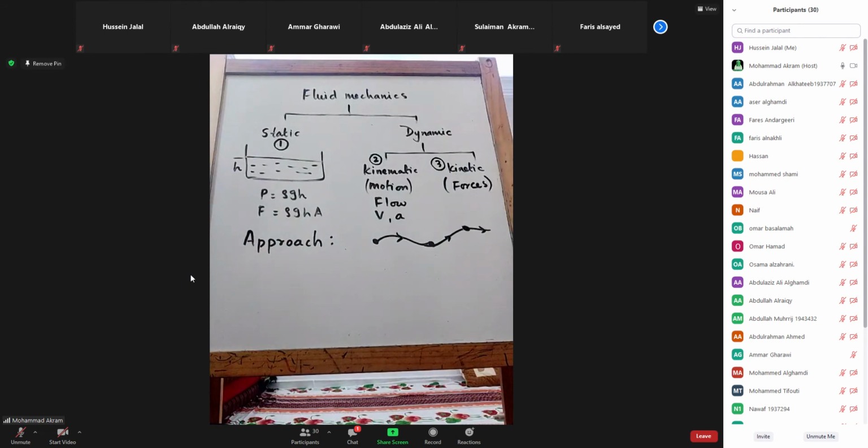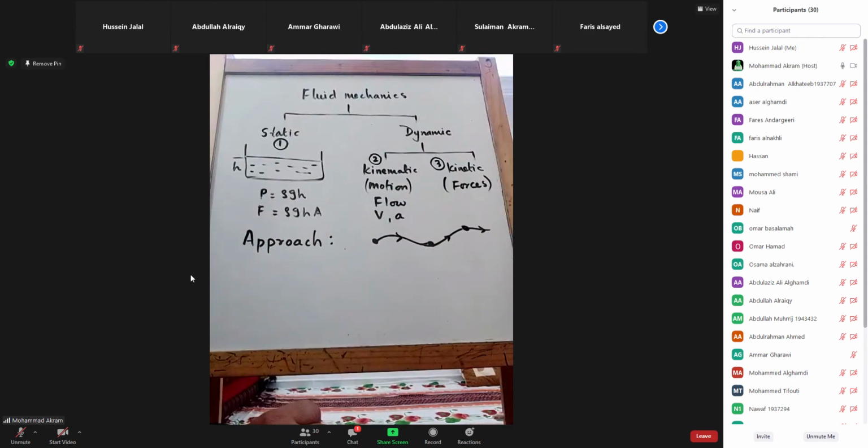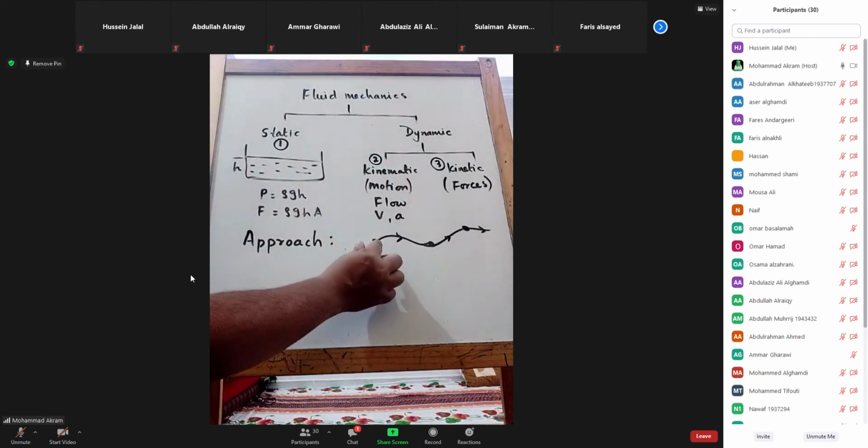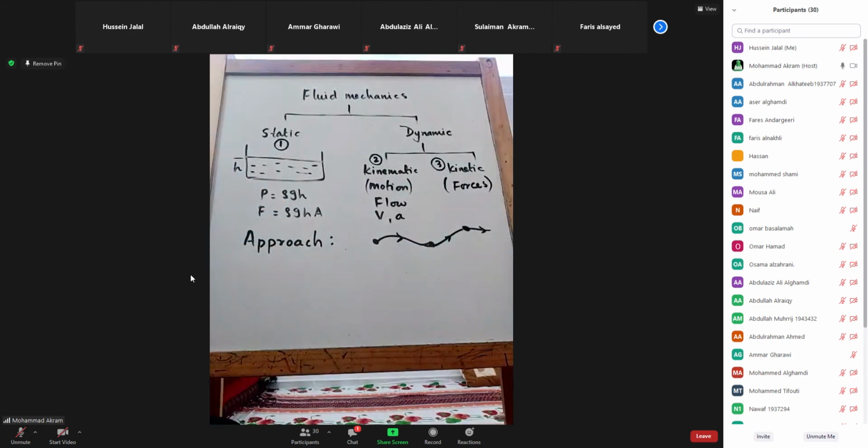Or if you are playing football, you are concentrating on the football, right, where it is going. So you select a particle and check how it is flowing in a particular path. What is the path, what is the velocity, how is it changing its direction.